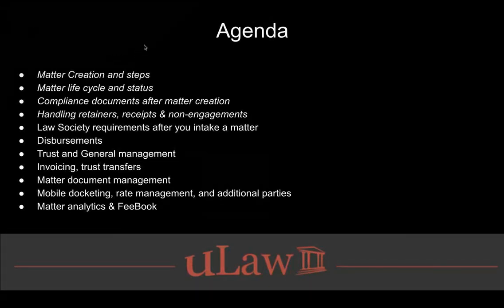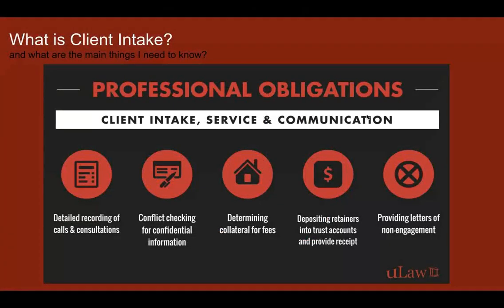So far, we discussed client intake, how it contributes to a better matter management, and certain things to keep in mind, like determining your method of payment or fee collection or retainer arrangements, and how you would like to get your client moving on with an engagement letter. What happens when there's a scenario where you have to provide them with a non-engagement letter, and do you do it or not?